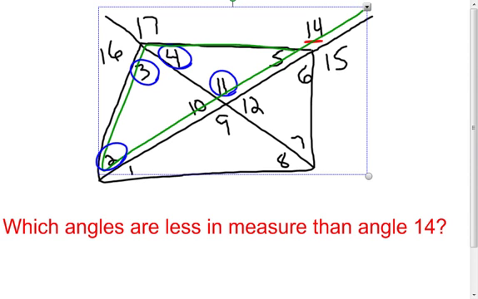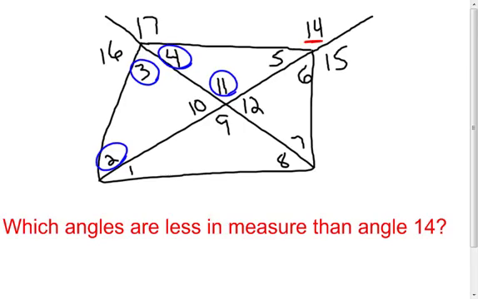To continue on, I'm going to get rid of that highlight. Now I can go another way. I'm going to look at angle 11 as being an exterior angle of the triangle that I've highlighted. Then angle 7 is a remote interior angle to the exterior angle, angle 11, and so is angle 6.